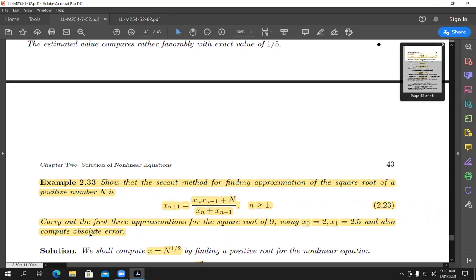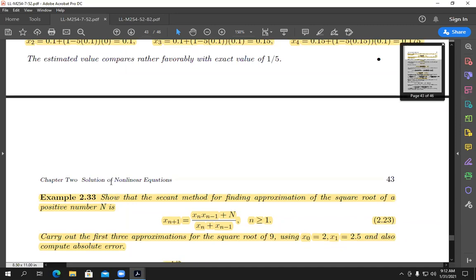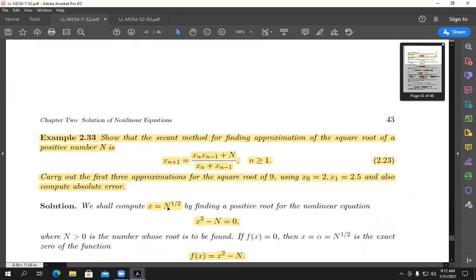So whenever you do anything in chapter number 2, I told you what is the first job you have to do. You always have to convert the given condition into the form of a nonlinear equation. And when you have a nonlinear equation, you can always find the value of f of x. So what is the condition given to you? The square root of n. And the square root of n can be written in this way.